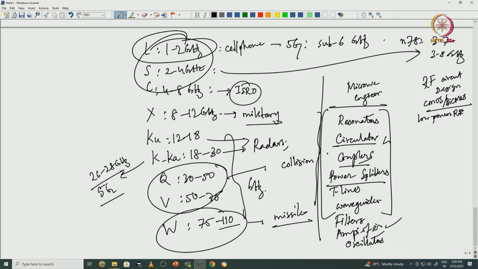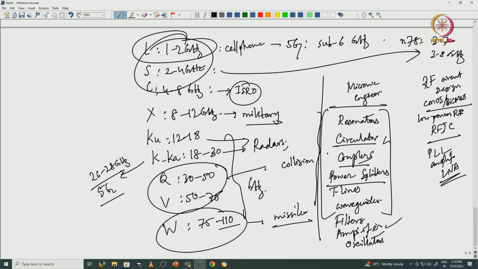So low power, low voltage RF design, which depends on CMOS, BiCMOS, they are the RF IC designers. You are talking about CMOS RF IC, and we talk about many kinds of things there, from noise to PLL, phase lock loops, even amplifiers, low power amplifiers, low noise amplifiers, how to design.